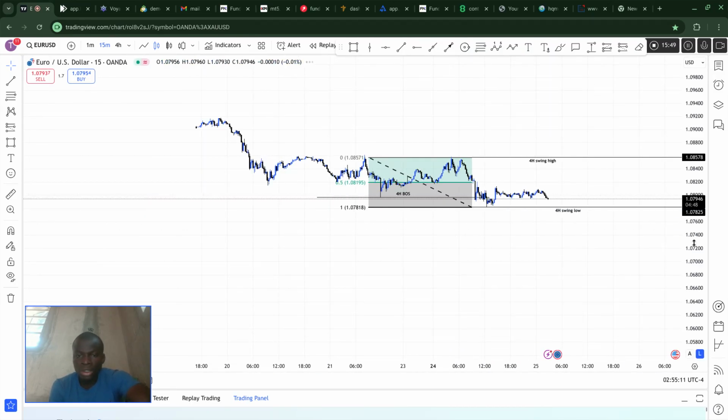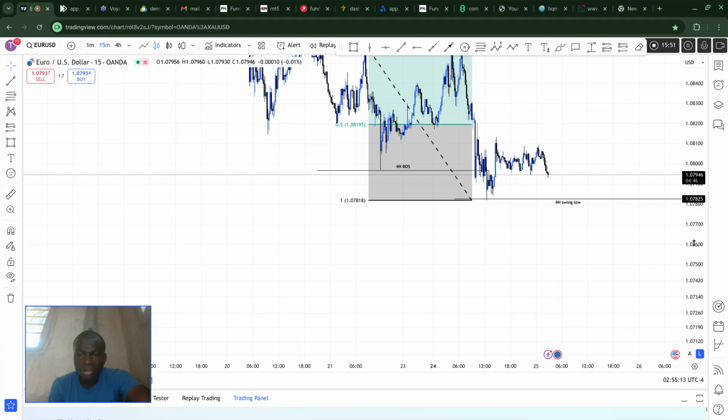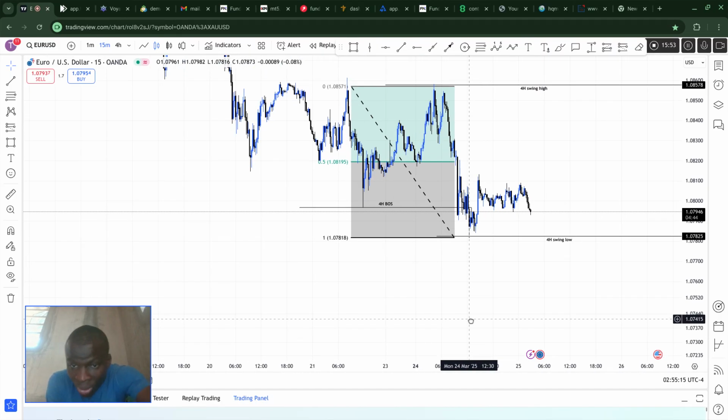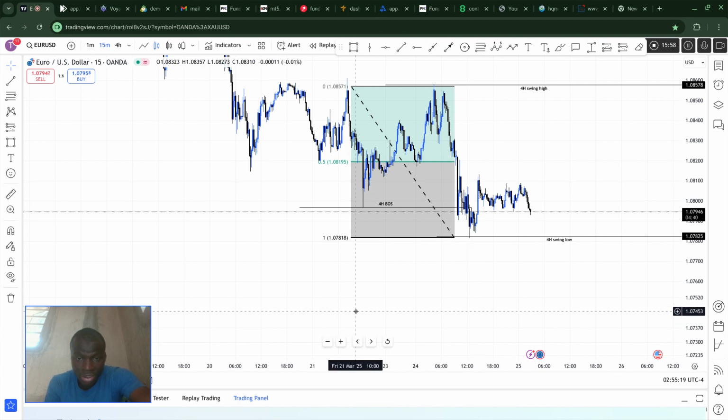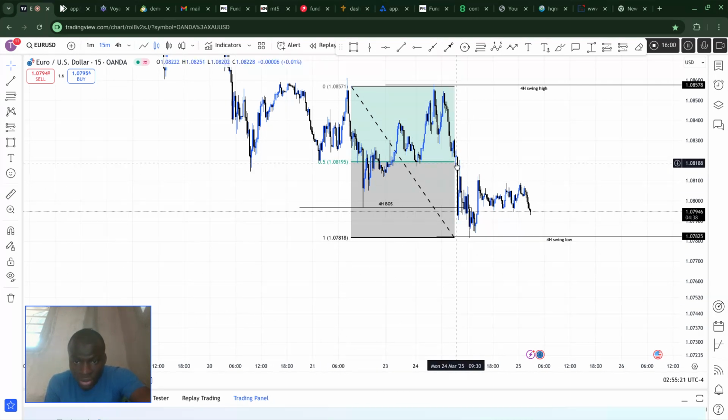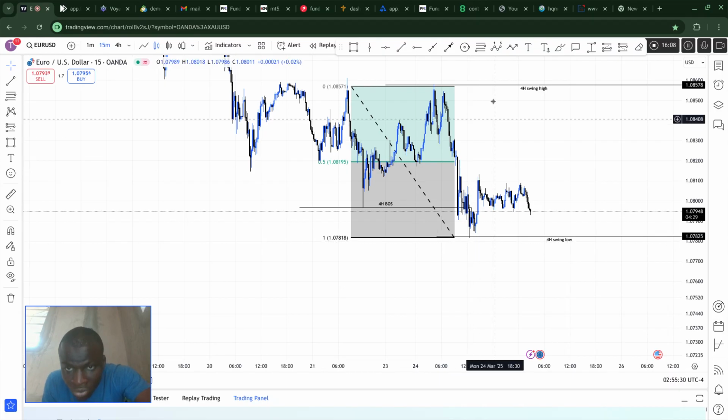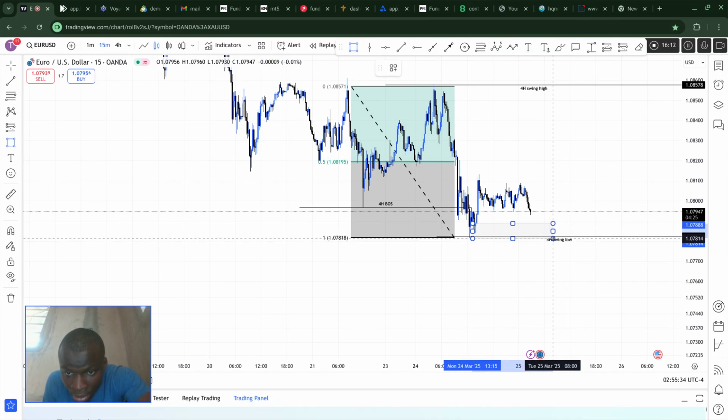50-minute time frame. We're probably on uptrend, right? So this is 50-minute time frame. We're probably on a pull back.